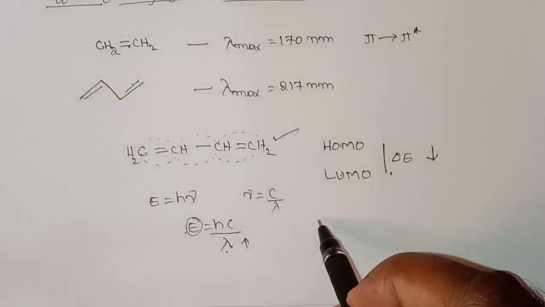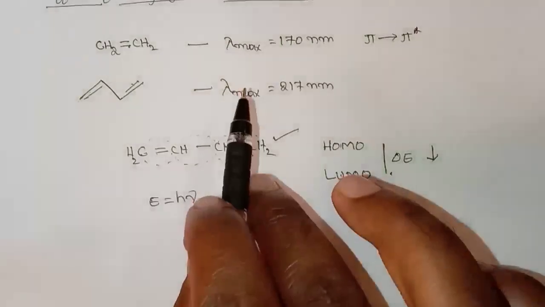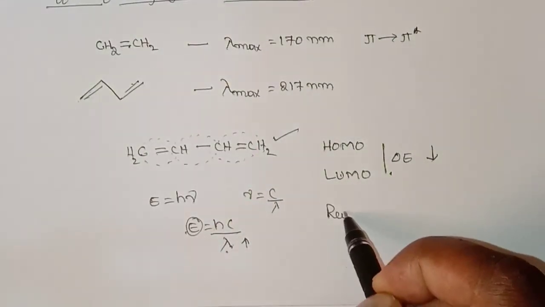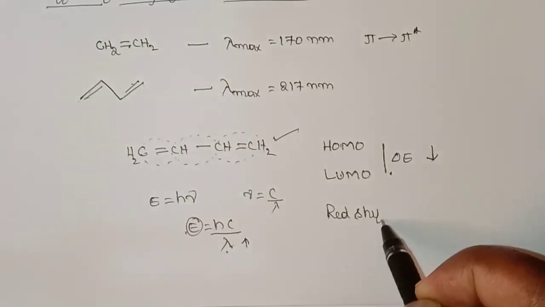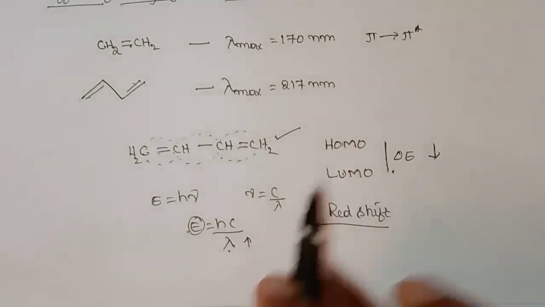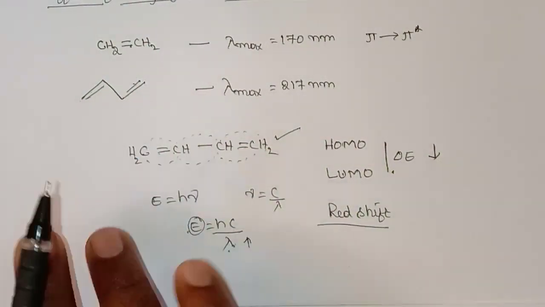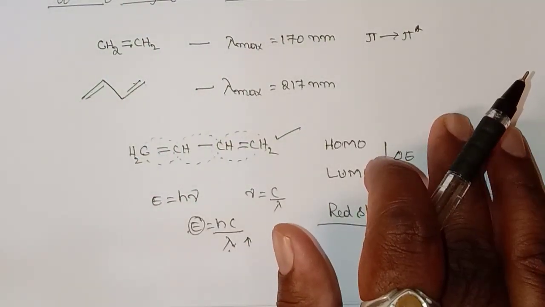So we observe an increase in the lambda max value, which we simply call redshift or bathochromic shift. As a whole, with increase in conjugation, the lambda max value increases.